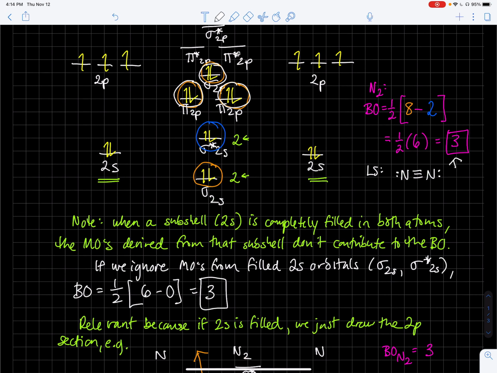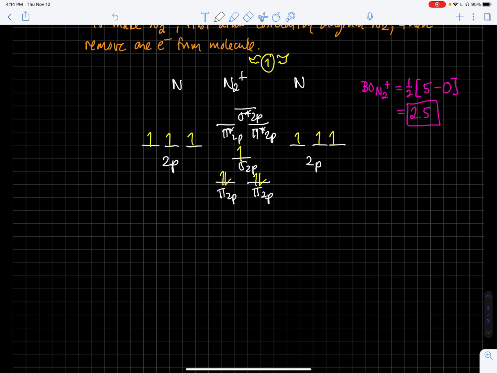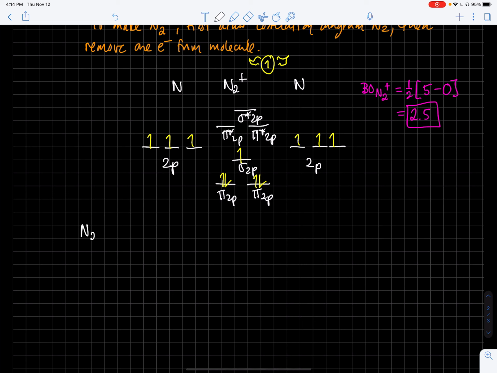So the question just asked you, which has a longer bond? Interesting. Okay, so N2 bond order equals 3, N2 plus bond order equals 2.5. How do you decide which one is longer? Bond order, again, is just like the types of bonds we've been talking about.